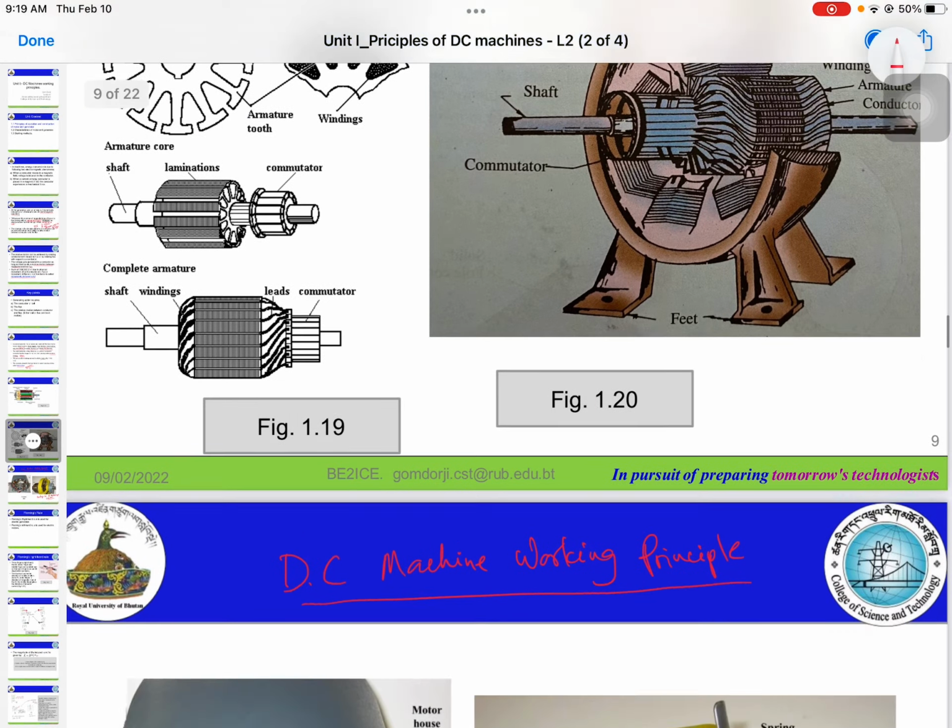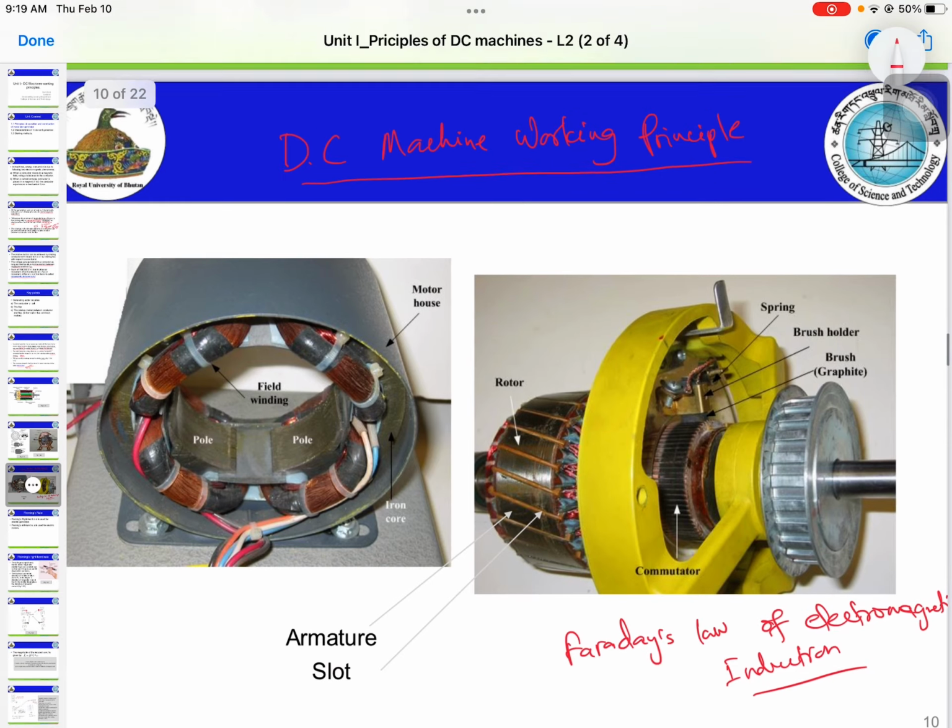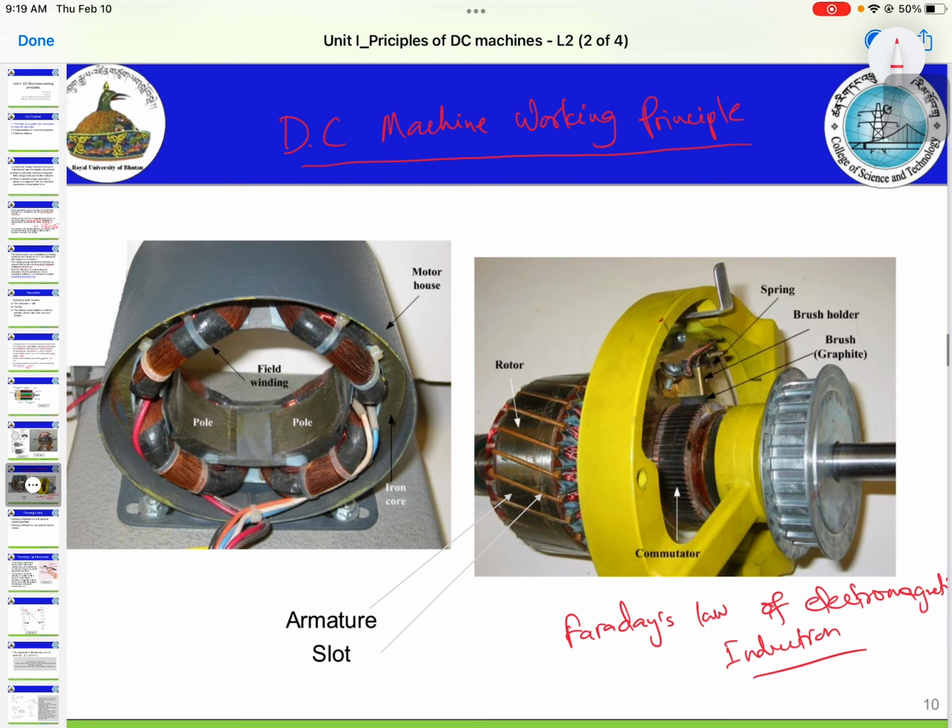Now here you have the figure for the generator. This one is the armature that we're discussing, which we also call the rotor. If you go further into detail with that rotor, this part is the armature, and inside is called the armature slot, and then you will see the windings here.